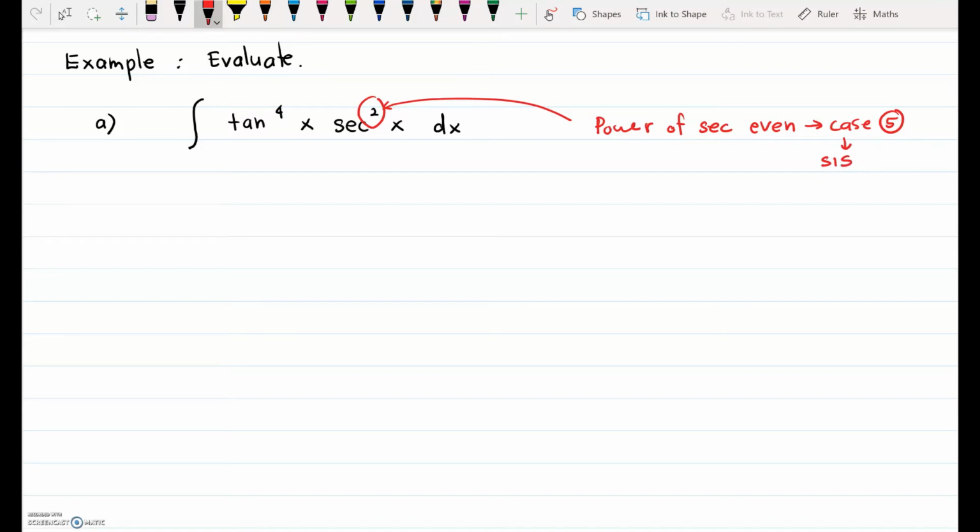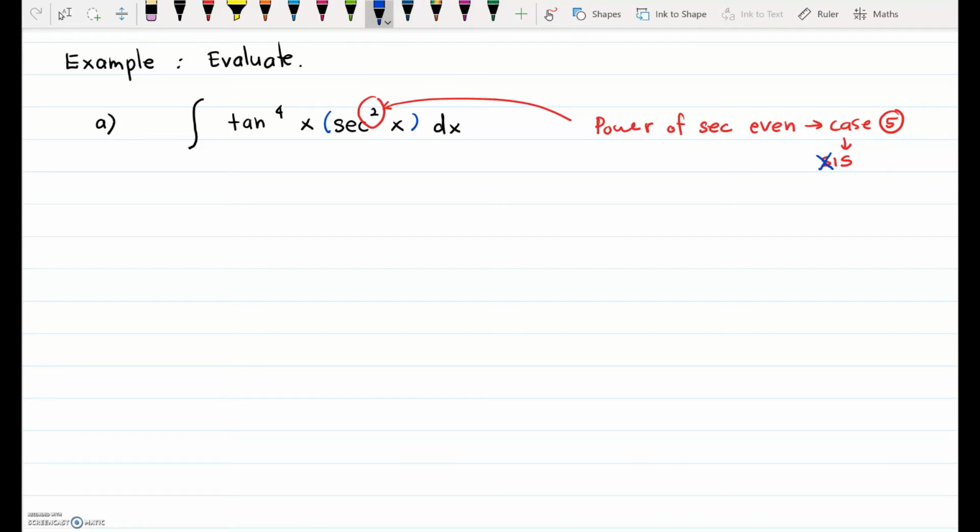The first step is to split secant square, but you only have secant square here, which is already split in the question, so you skip the first step.